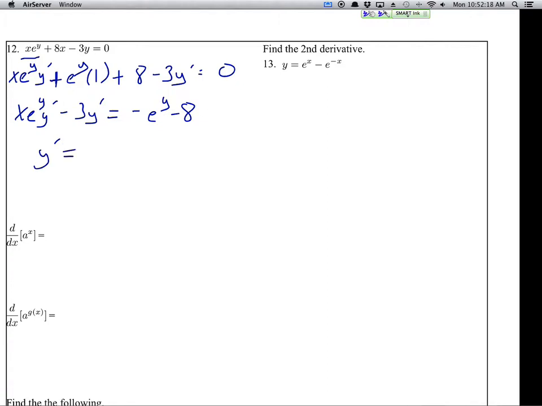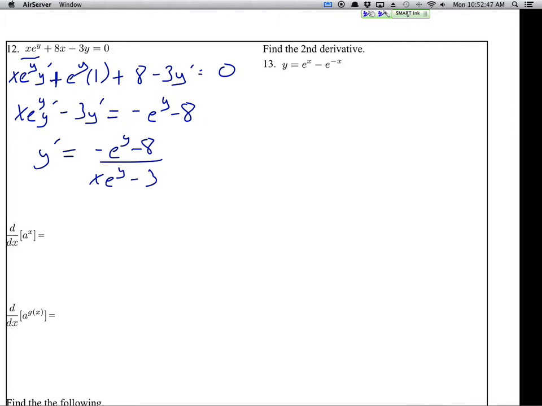What are those two things, Jairus? Take out the y prime, and divide by what's left. So I get negative e to the y minus 8 over x e to the y minus 3.